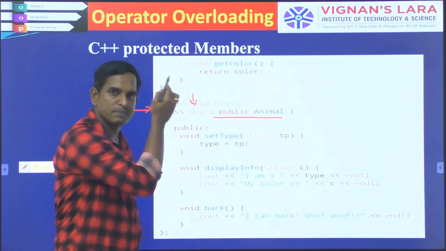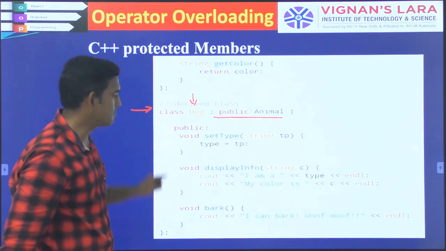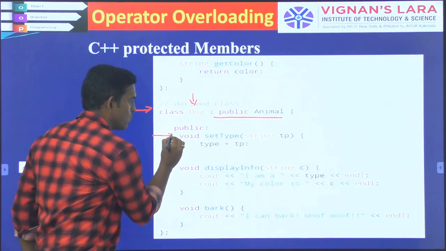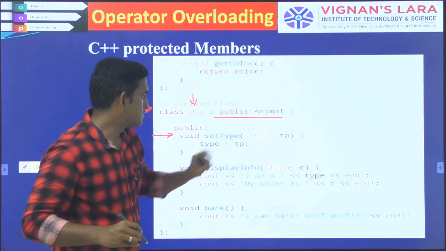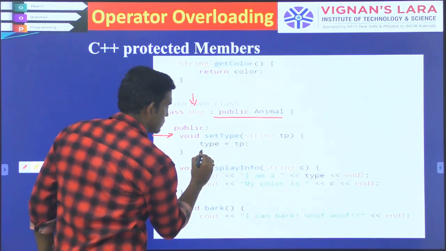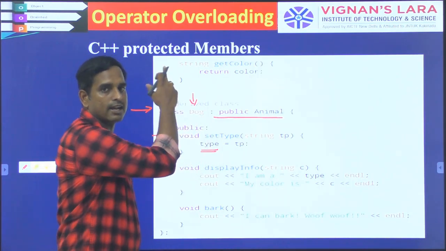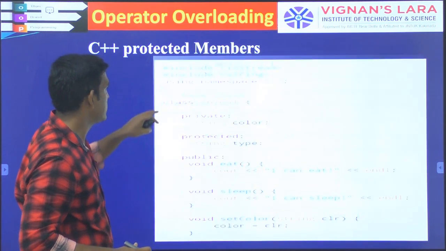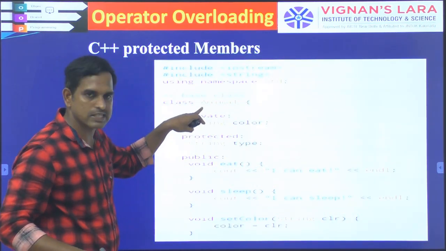So whatever is present in the animal class can be used in your dog class. So in the dog class you are having void set type method. As you can understand, type is declared as protected in your previous class. If you see properly, type is declared as the protected member in your class animal.